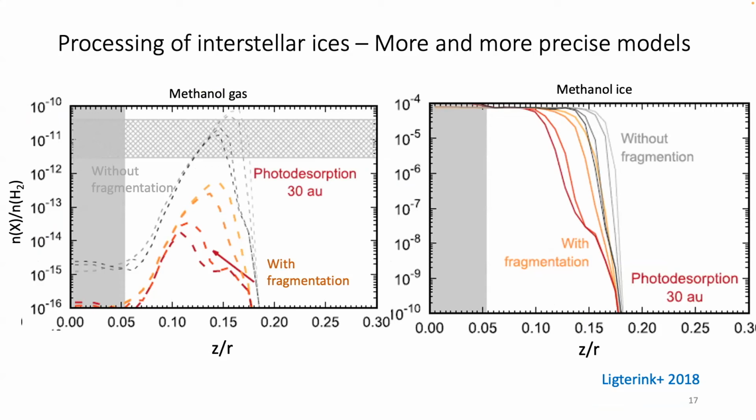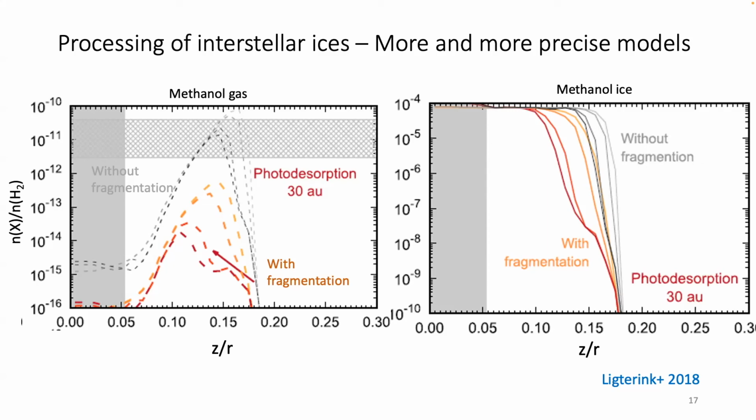So here is a study from Lingeric and co-workers. It's Catherine Walsh's model. So here it's not acetonitrile, it's methanol, but the idea is the same. So she modeled the methanol gas abundance and the methanol ice abundance in a protoplanetary disk. And she studied different cases: when the methanol dissociates and when it doesn't dissociate.